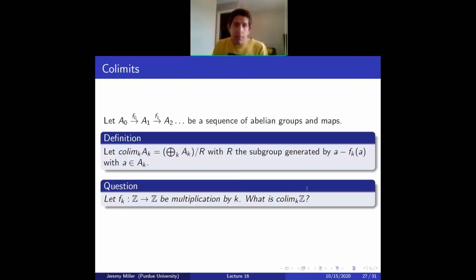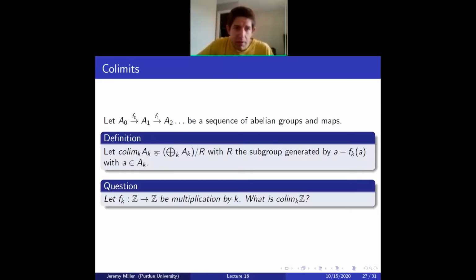Okay, so let me remind you what colimits are. If you have a sequence of abelian groups, then we'll define the colimit to be the direct sum of the abelian groups modulo the subgroup generated by A minus the map applied to A. So what this is saying is you take the direct sum of all these groups.